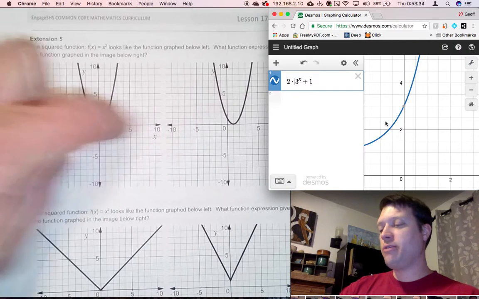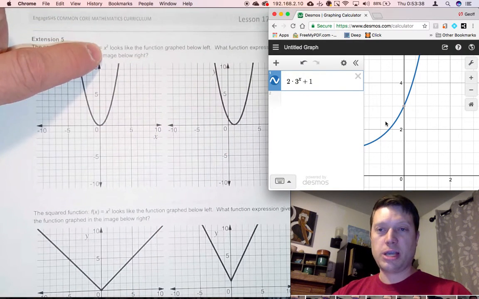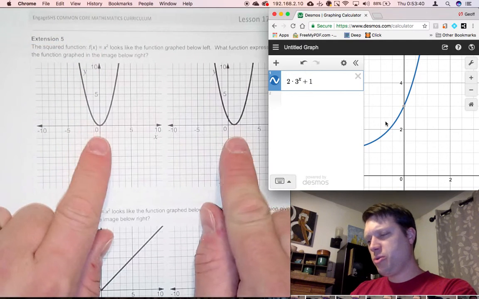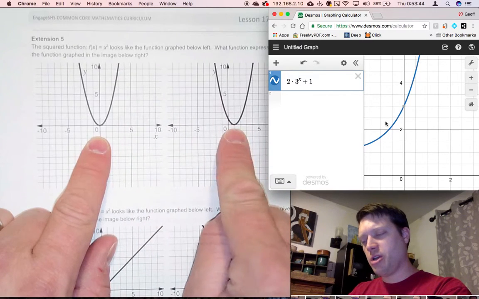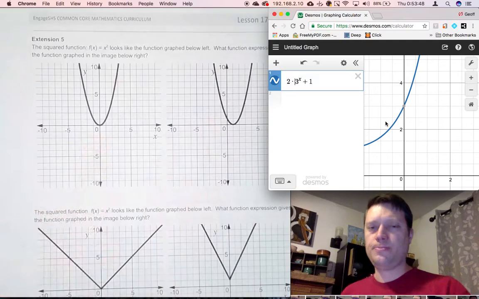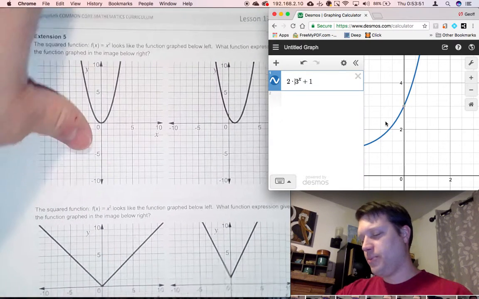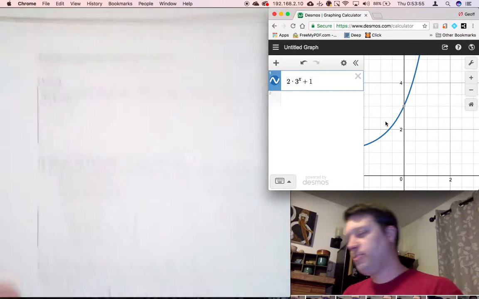So maybe you can try to figure out the equation of this parabola, given that the parent function looks like x squared, and those two look really closely aligned. How are they different? What can you do to make the parent function move so that it looks like this one? Anyway, something to think about. It's just an extension, and it's a good extension for you to try if you're motivated.